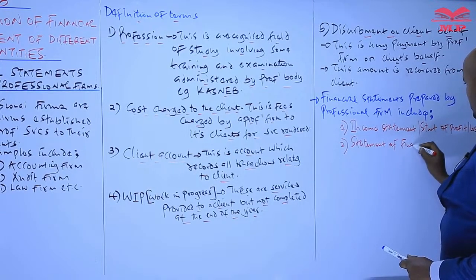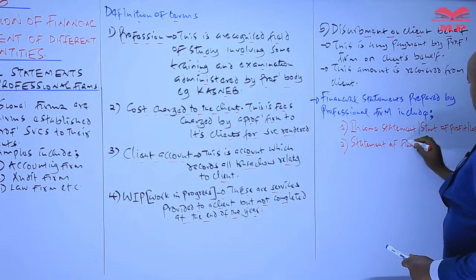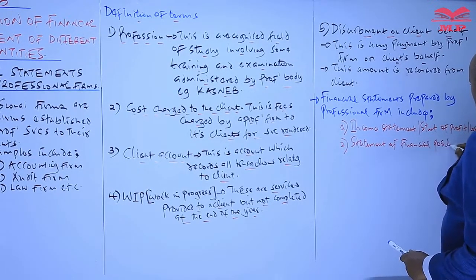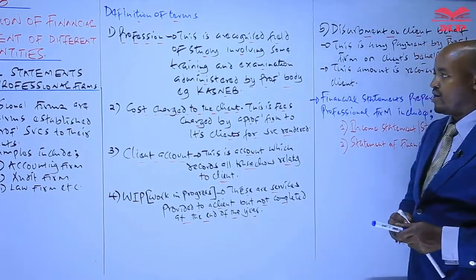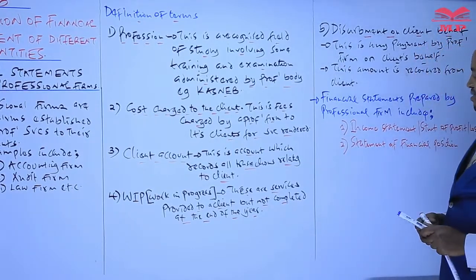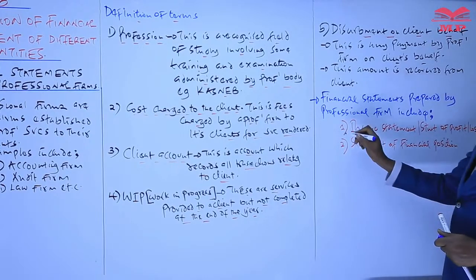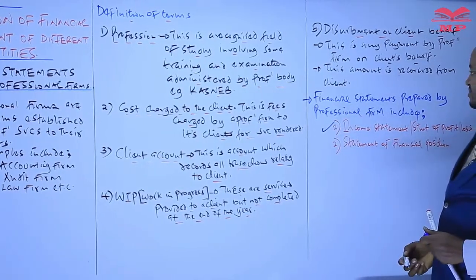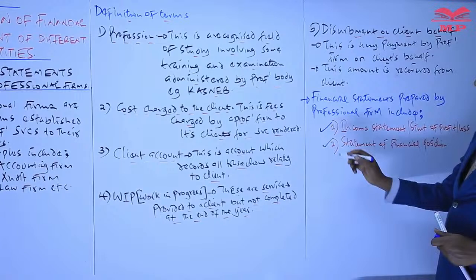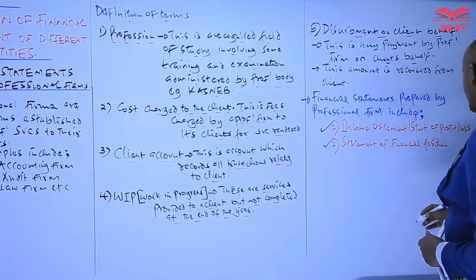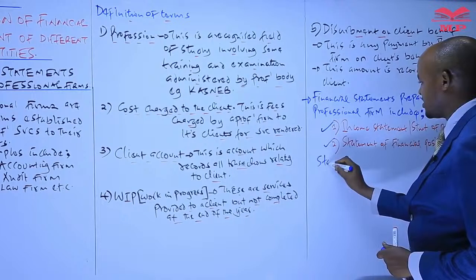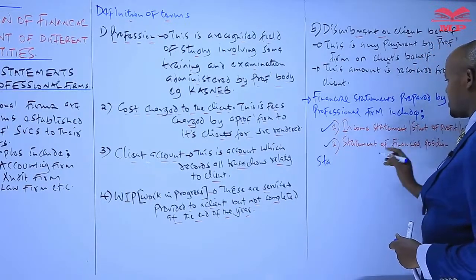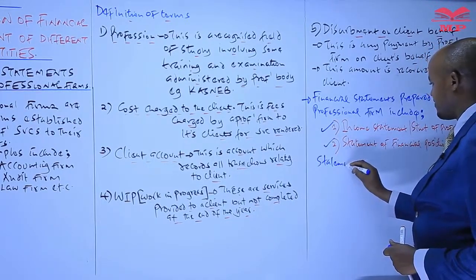So any professional firm at the end of the year must prepare those two financial statements: the income statement or statement of profit or loss, and the statement of financial position.